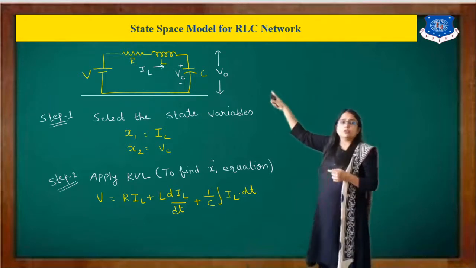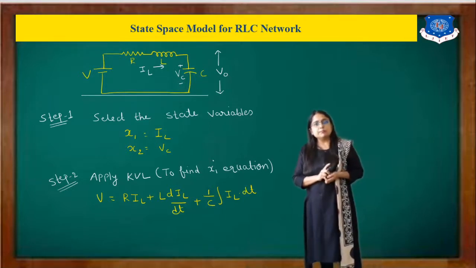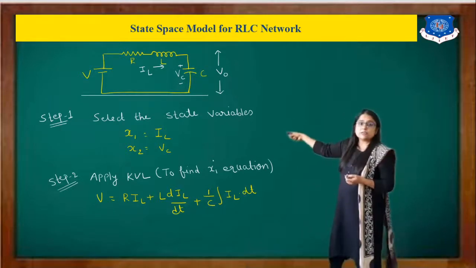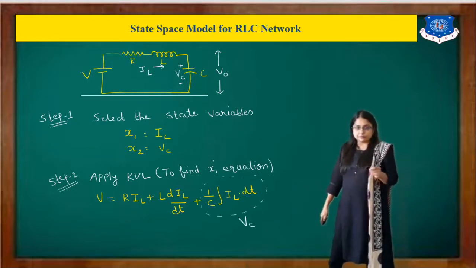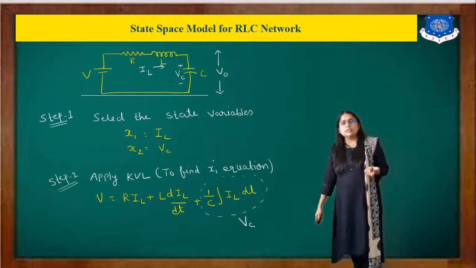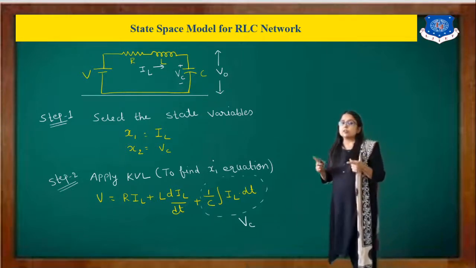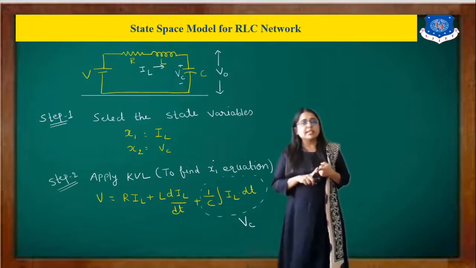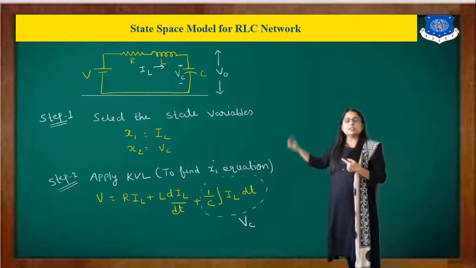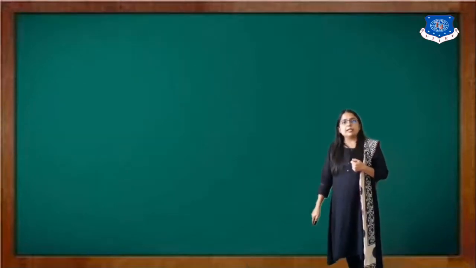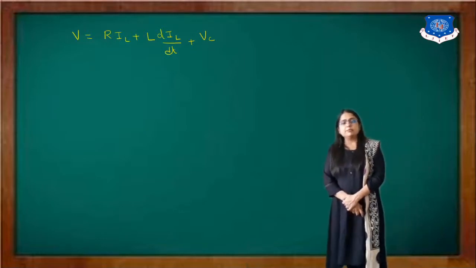Because I have one loop, and that loop current is IL. Now we substitute the state variables: V as it is, and 1 by C integration of IL dt is the voltage drop across the capacitor, that is VC, as specified in the diagram. So my equation becomes V equals R IL plus L di by dt plus VC.